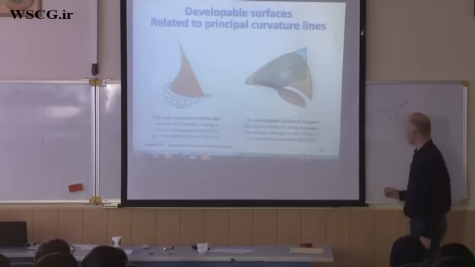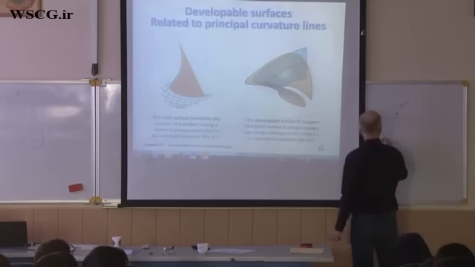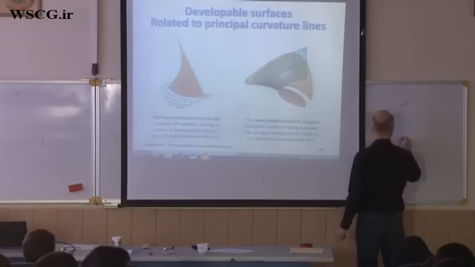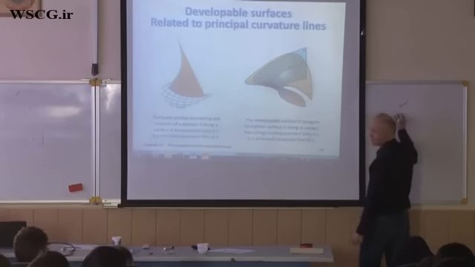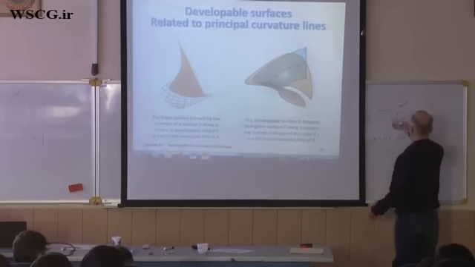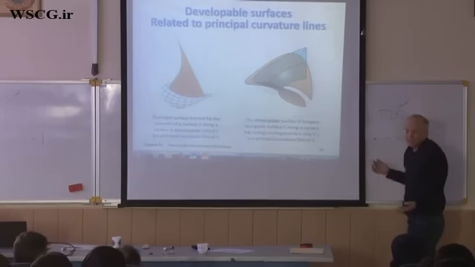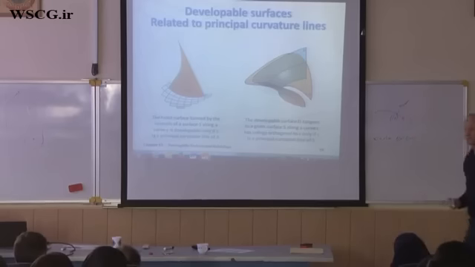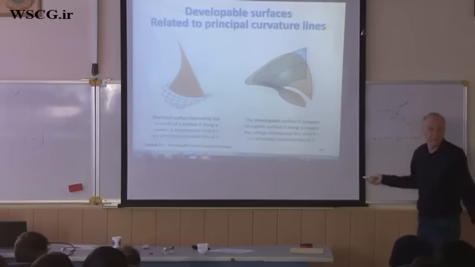Then you can say a ruled surface X of u and v is L of u, so we go to this curve, plus along this line we take a second parameter v times E of u. Right? This is in general not developable.